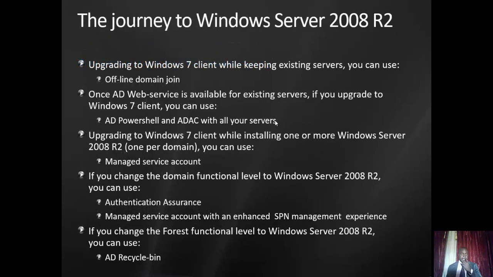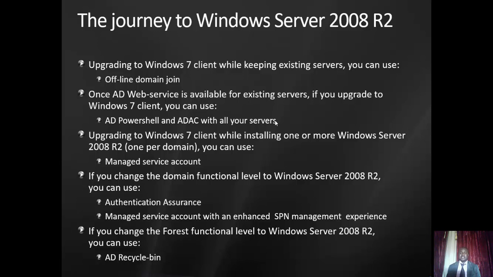Okay, the journey to Windows Server 2008 Release 2. Upgrading to Windows 7 clients while keeping existing servers, you can use offline domain join. While Active Directory web service is available for existing servers, if you upgrade to Windows 7 clients, you can use Active Directory PowerShell and adapt with all your servers.